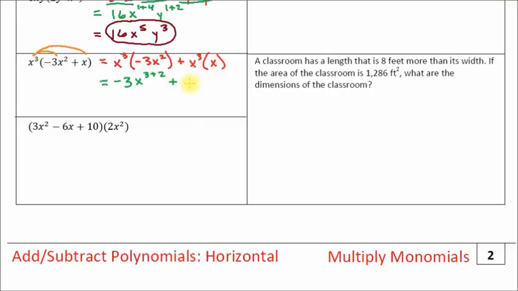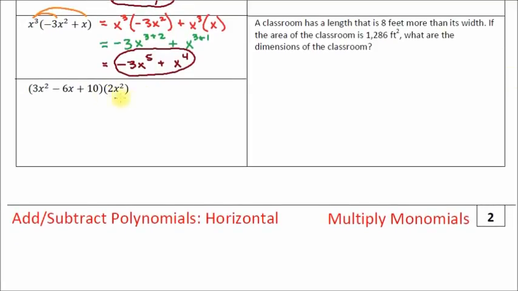We've got x cubed times x, that's just x to the 3 plus 1. Remember, we have an implied 1 here. This exponent on the x is just 1. Now we'll go ahead and wrap this up. So we've got negative 3x to the fifth plus x to the fourth. And there is our multiplied monomial and binomial. And let's do one more.